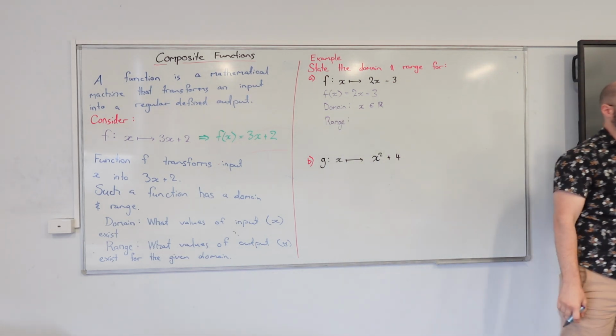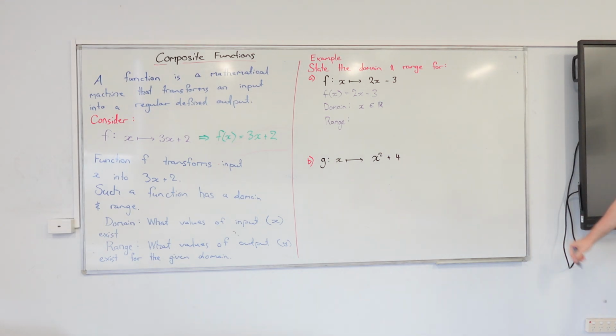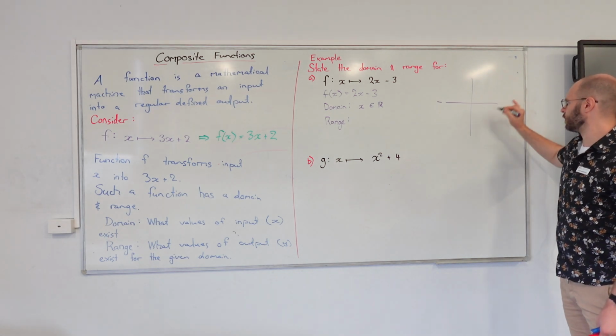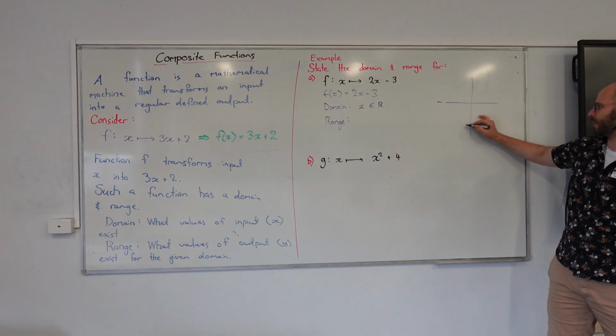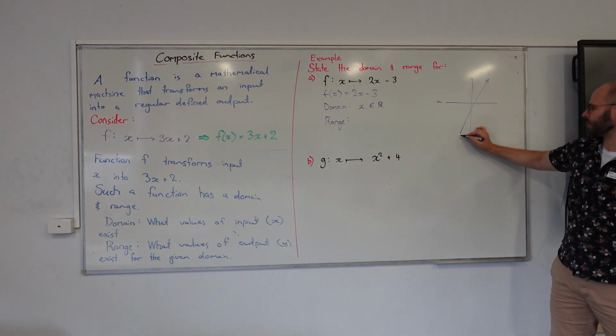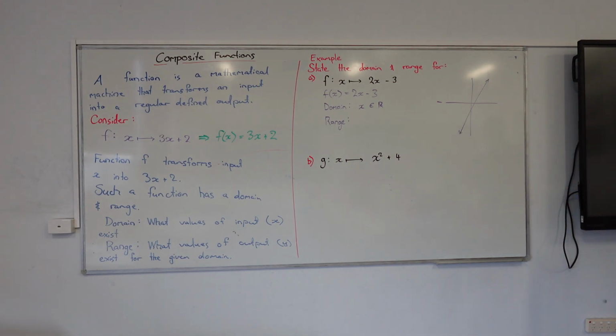Any value of x is fine, but if we were to graph this, what values are we going to get out? It's a minus 3 and it's quite steep. What valid values of y are we going to get out of this function given our domain? Are we restricted?